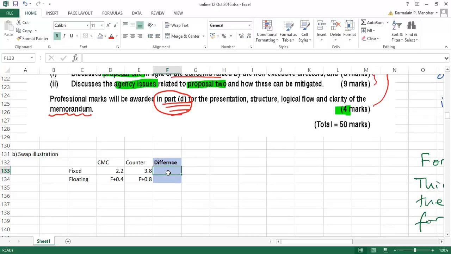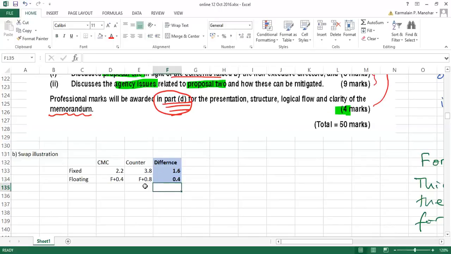So finding the difference between 2.2 and 3.8 is 1.6. So 1.6 goes there. And again, it's the absolute differences. Yes, 0.4 and 0.8, 0.4.